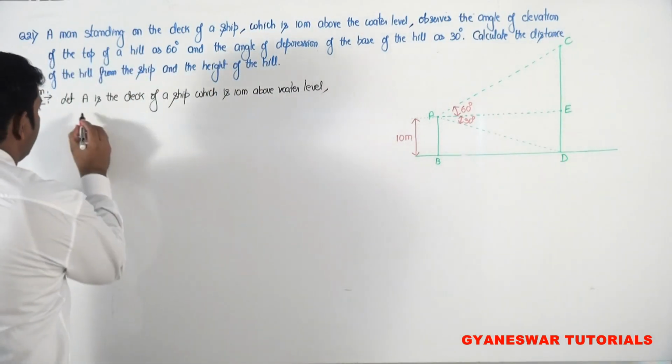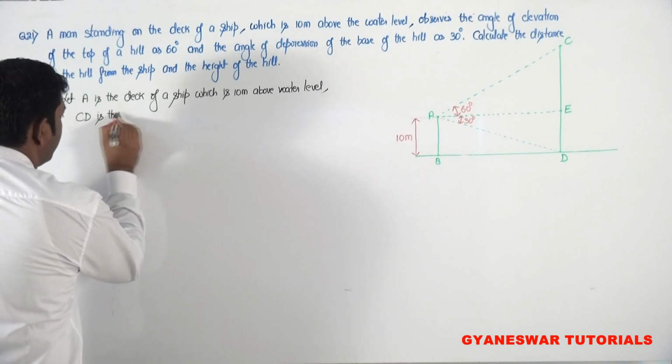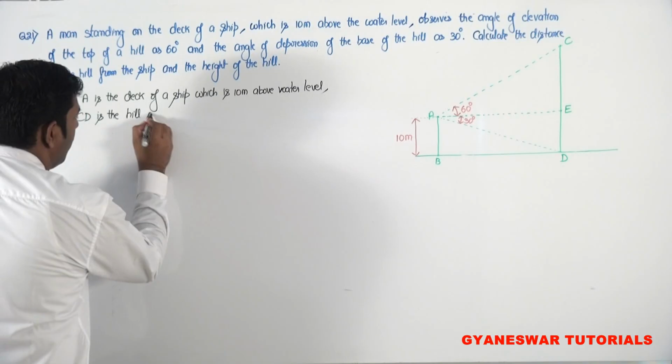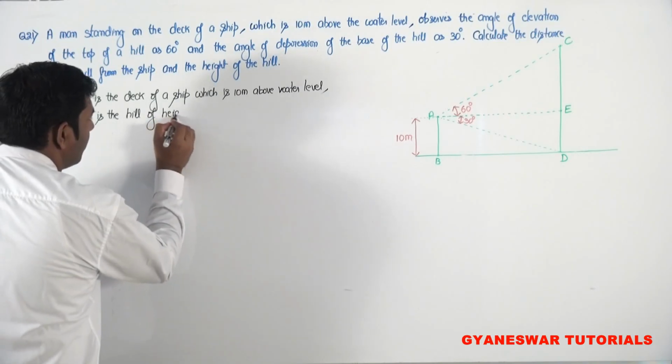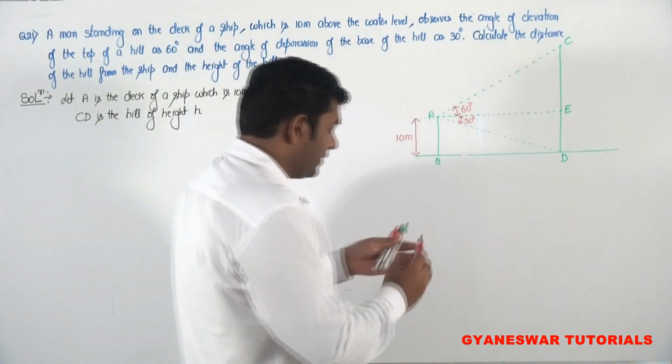CD is the hill of height h. So this is h.